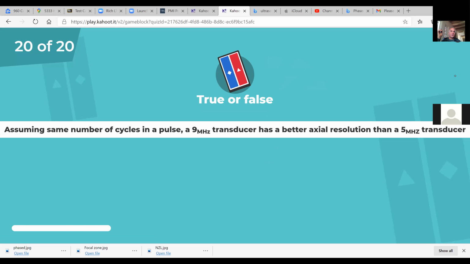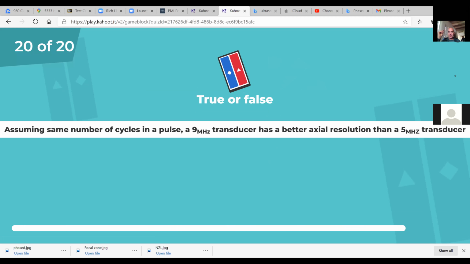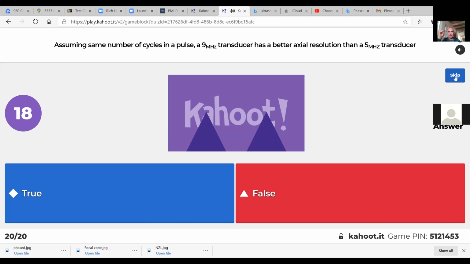Assuming the same number of cycles in a pulse, a 9 megahertz transducer has a better axial resolution than a 5 megahertz transducer.